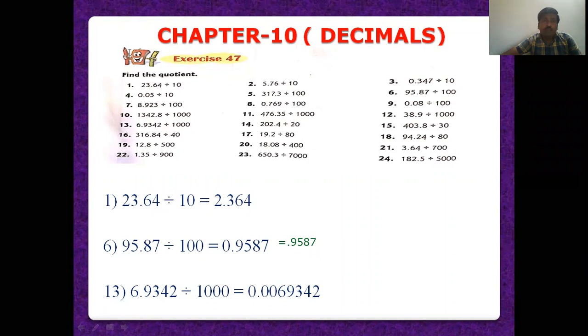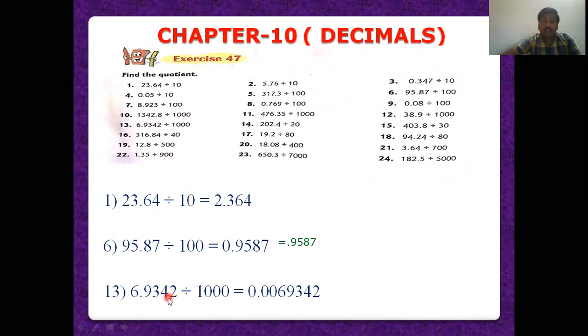Now let us take question number 30: 6.9342 divided by 1000. Once again, count the number of zeros after the 1: 1, 2, and 3. Move this decimal point towards the left side after 3 digits. But here there is only 1 digit, and we will move the decimal point 3 digits to the left side.